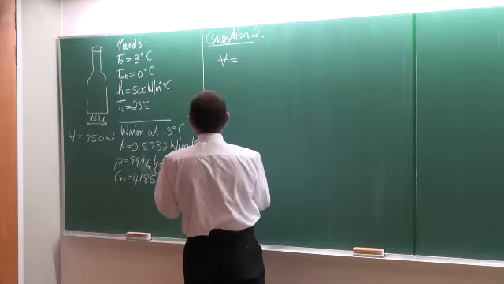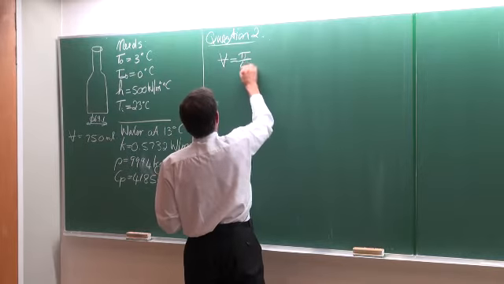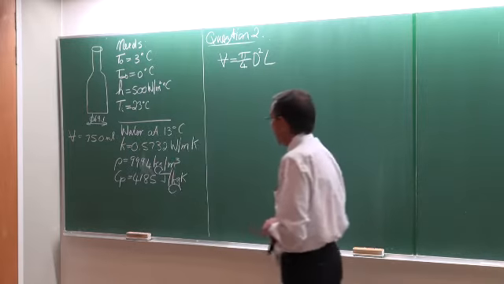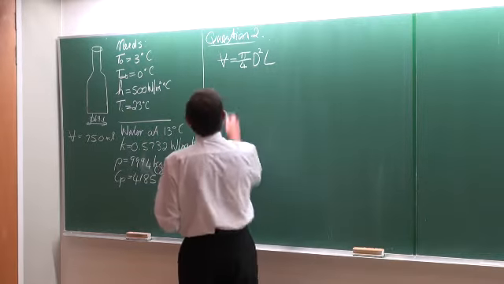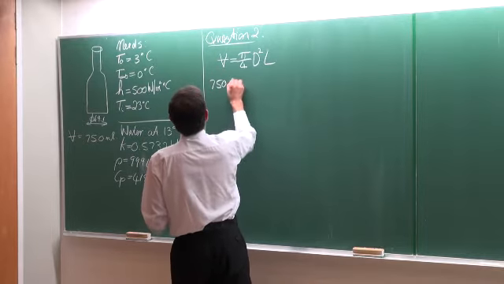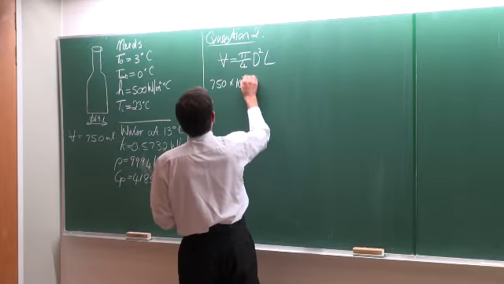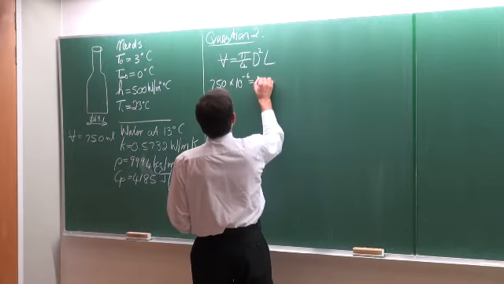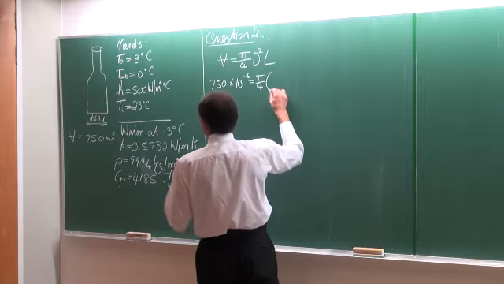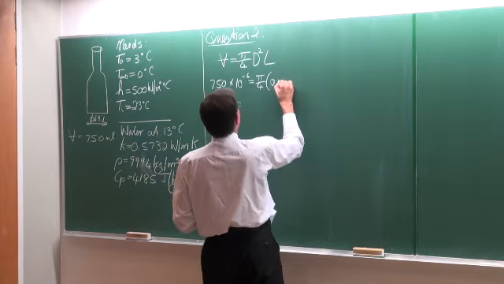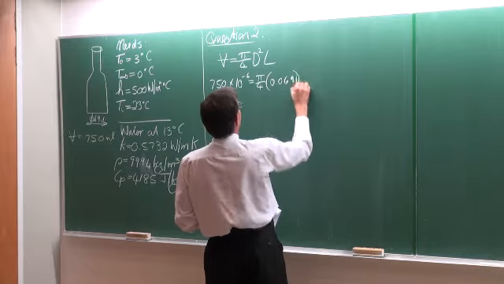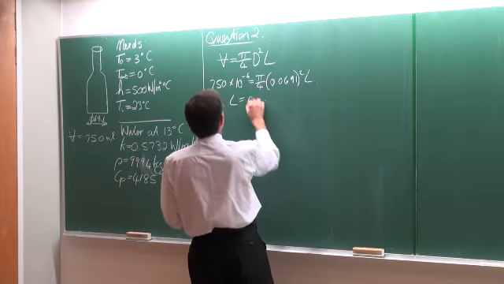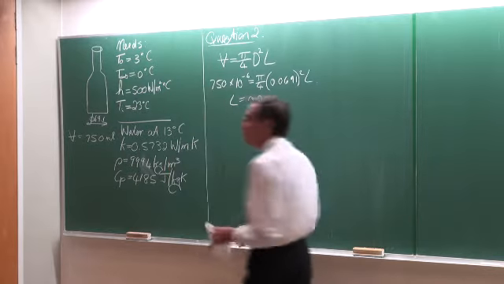So we can say the volume is equal to pi divided by 4 multiplied by d squared multiplied by L. The volume is 750 milliliters. So in terms of cubic meters, 750 multiplied by 10 to the minus 6 equal to pi divided by 4, the diameter of the bottle is 0.0691 squared multiplied by L. So L is 0.2 meters, or then 200 millimeters.